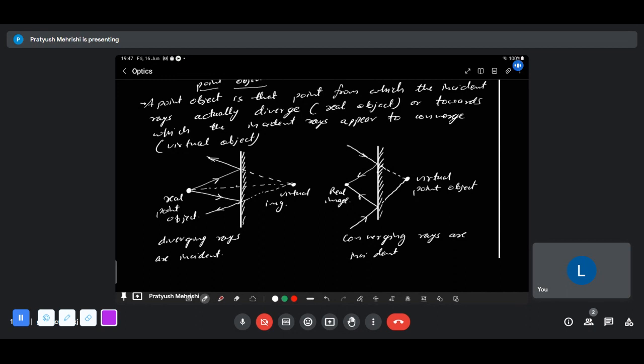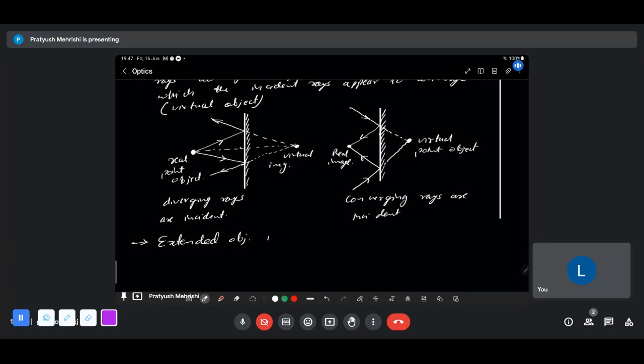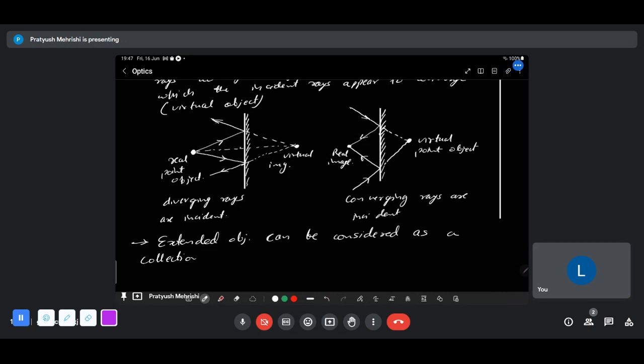An extended object can be considered to be made up of several point objects. Extended object can be considered as a collection of several point objects.